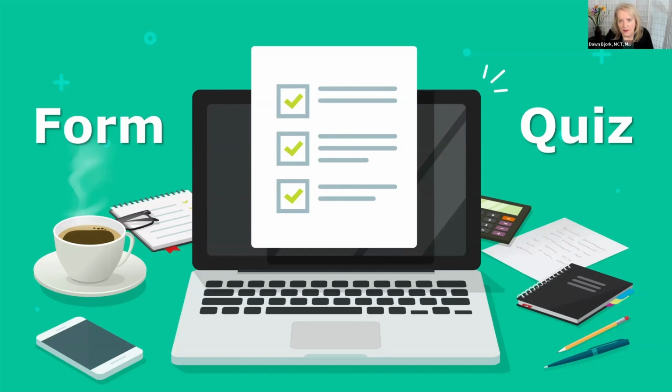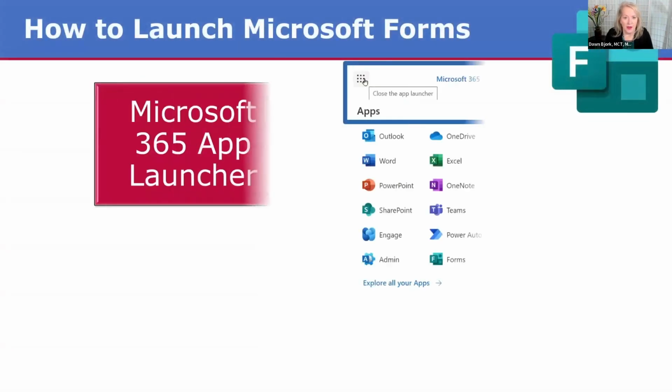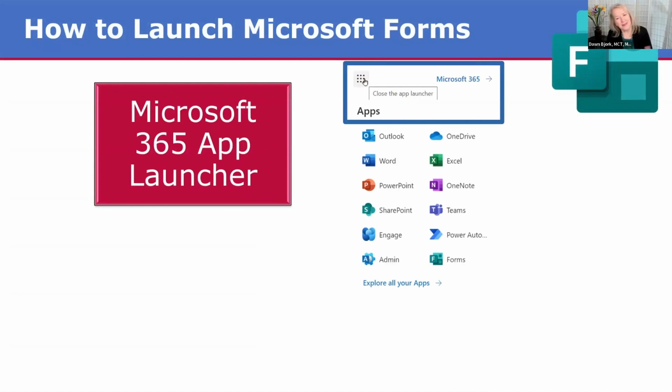It can also be helpful for you to know how to launch Microsoft Forms. So if you're brand new to working with Forms, the easiest way is to find it in the Microsoft 365 app launcher, what we typically call the waffle. So that's where you'll find it if you're logged into your office.com or Microsoft 365 login. You can find that in the upper left-hand corner in your apps.